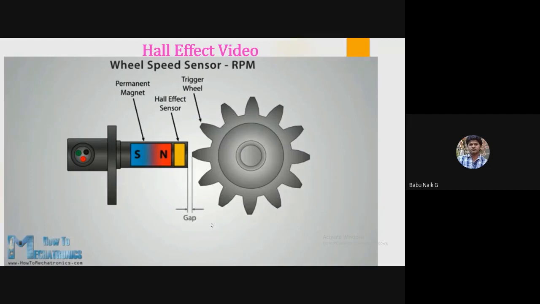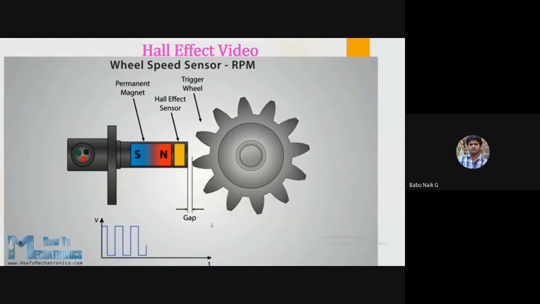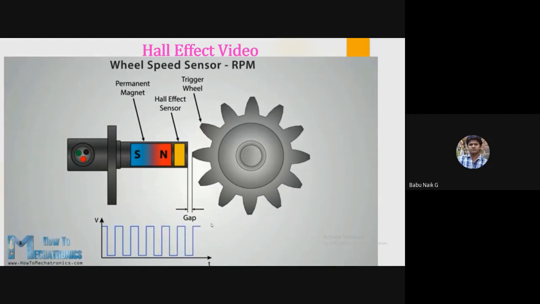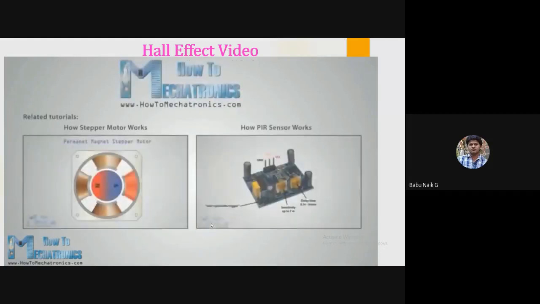The gap between the sensor and the teeth of the disc is very small, so each time a tooth passes near the sensor, it changes the surrounding magnetic field, which will cause the output of the sensor to go either high or low. So, the output of the sensor is a square wave signal, which can be easily used for calculating the RPM of the rotating shaft. Thanks for watching, and for more tutorials, visit my official web.